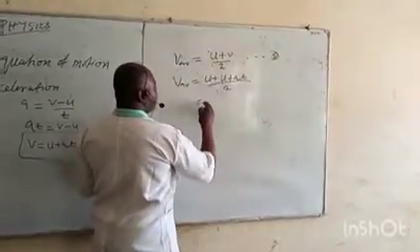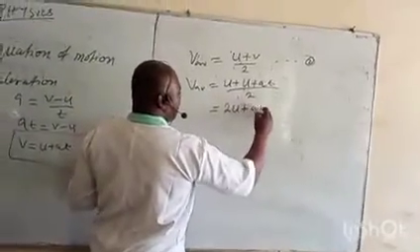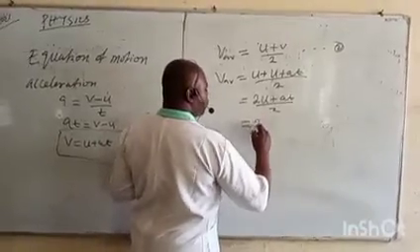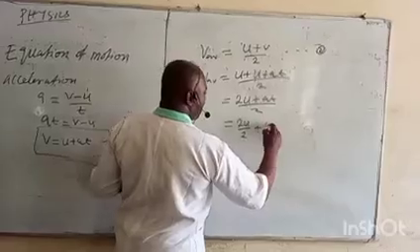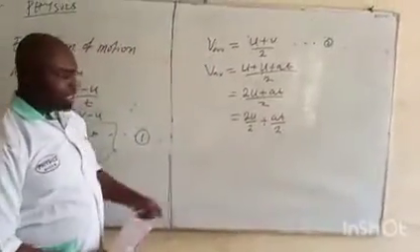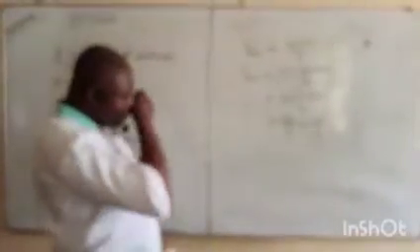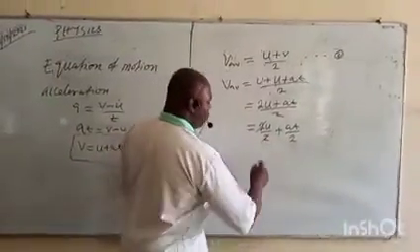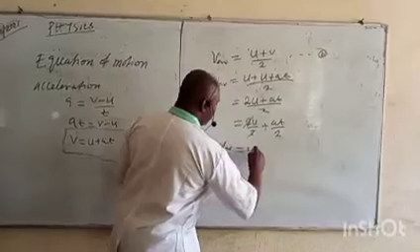We go further to simplify it as 2U plus At all over 2, which will go further to say that 2U all over 2 plus At all over 2. Are we together? Now, if we go this way, we discover that 2 cancels 2 here.